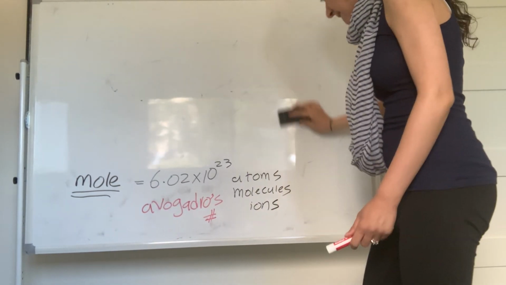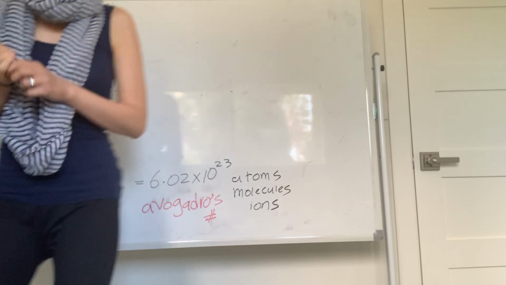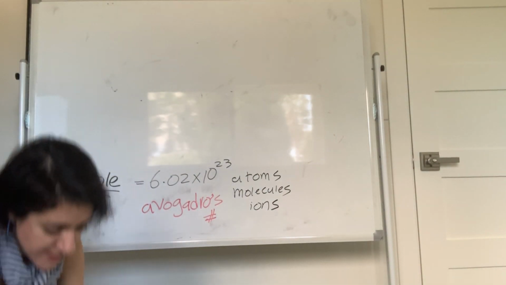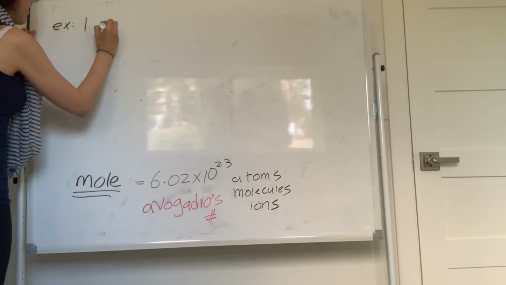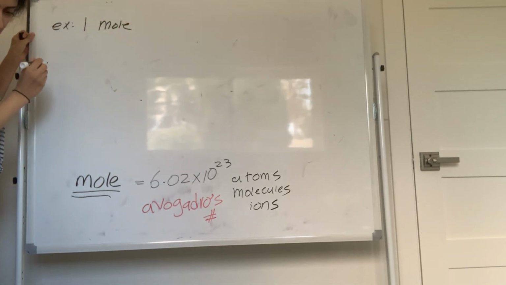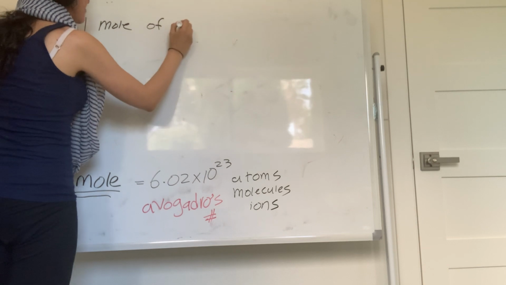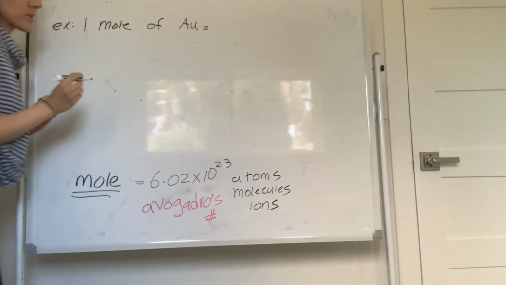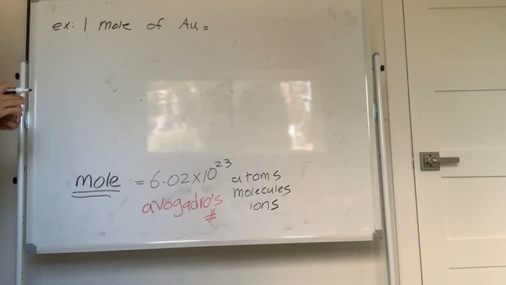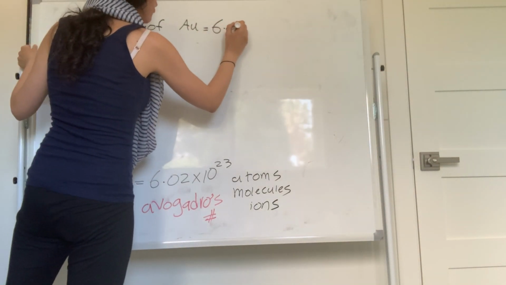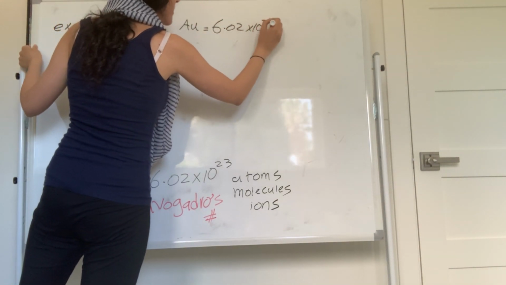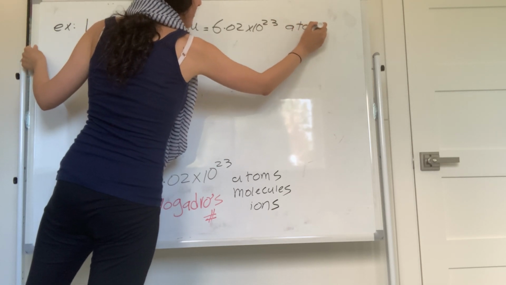Now, check this out. If I say I have 1 mole of Au, okay? If I say I have 1 mole of Au, that means I have 6.02 times 10 to the 23rd atoms.